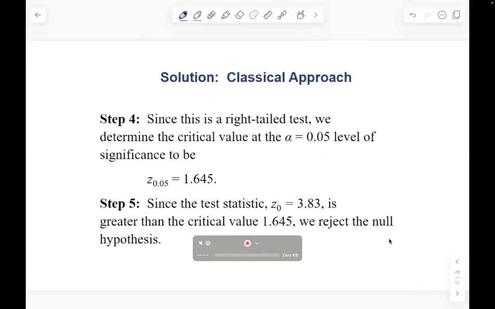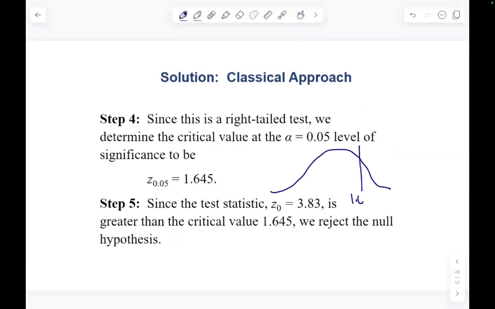If I drew this, my critical value lands right here, 1.645. The test statistic of my sample puts me way out here at 3.83. So it is definitely in the critical region. It is definitely outside of my confidence interval. Therefore, we reject the null hypothesis. Makes sense?